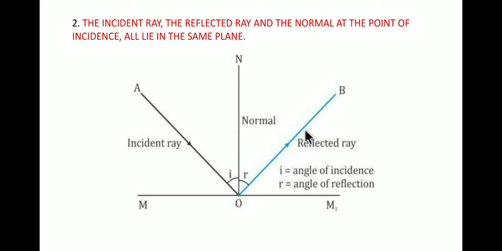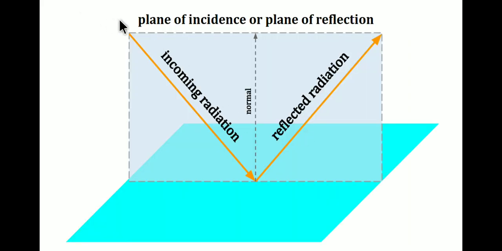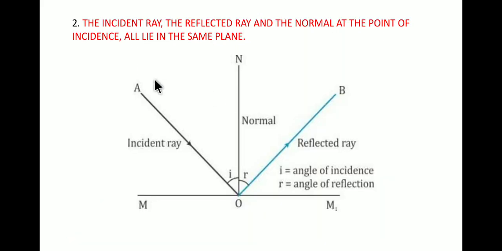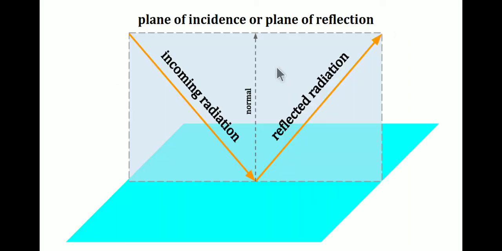They all lie in the same plane, meaning here this is the plane in which the incident ray, the normal and the reflected ray all are lying. So the second law says the incident ray, the reflected ray and the normal at the point of incidence all lie in the same plane. So this is the second law of reflection.